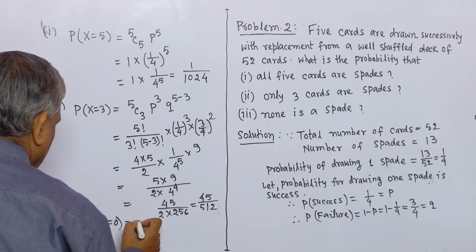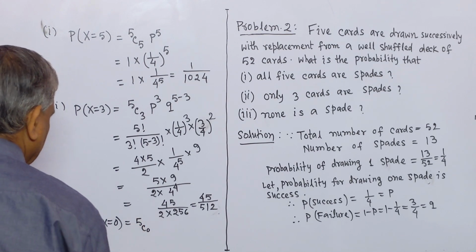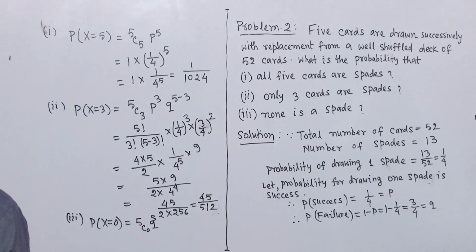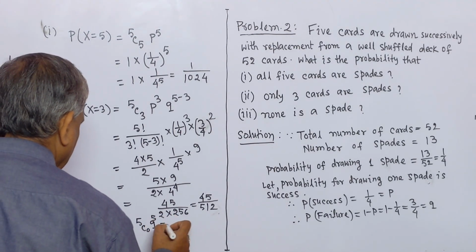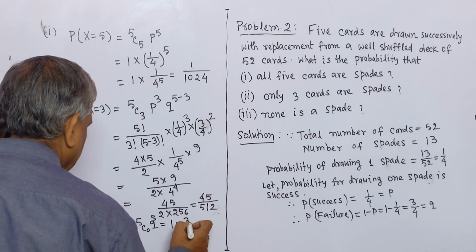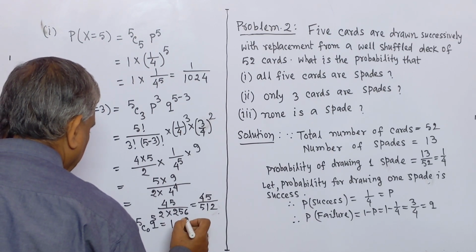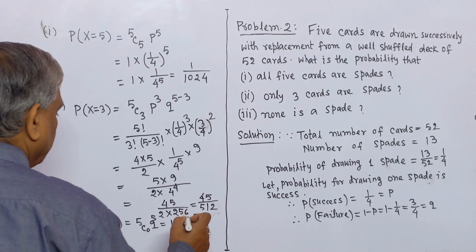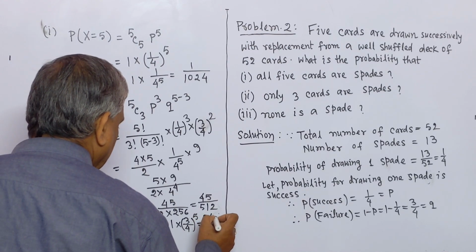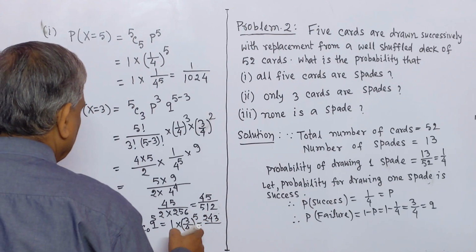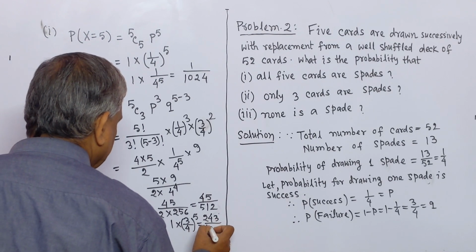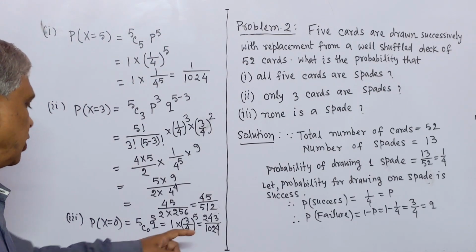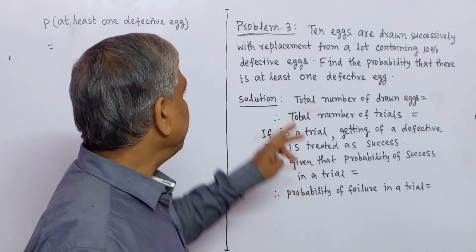This is 5c0 q to the power 5. 5c0 is 1, q is 3 by 4 to the power 5. 3 to the power 5 is 243 and 4 to the power 5 is 1024. Therefore, problem is solved. Now, we solve the next problem.